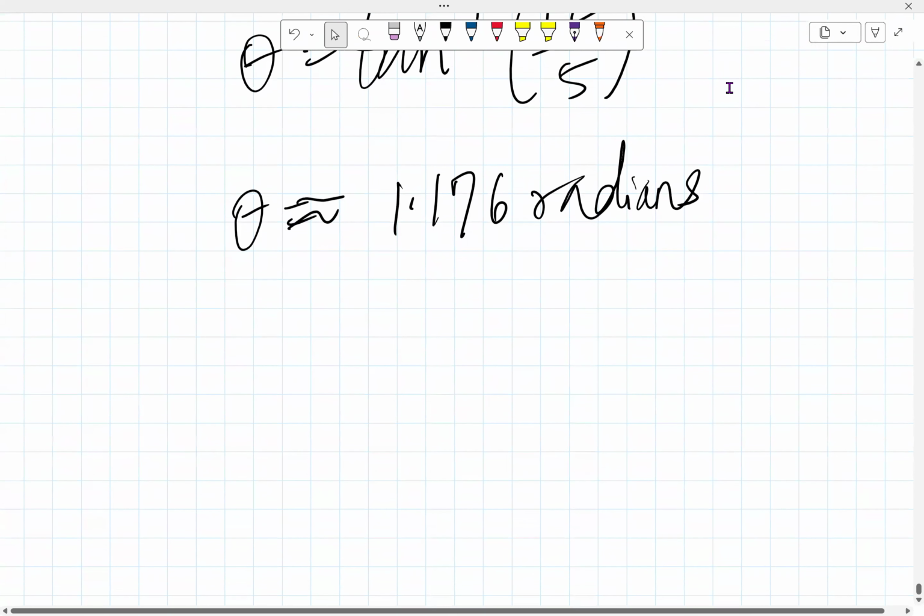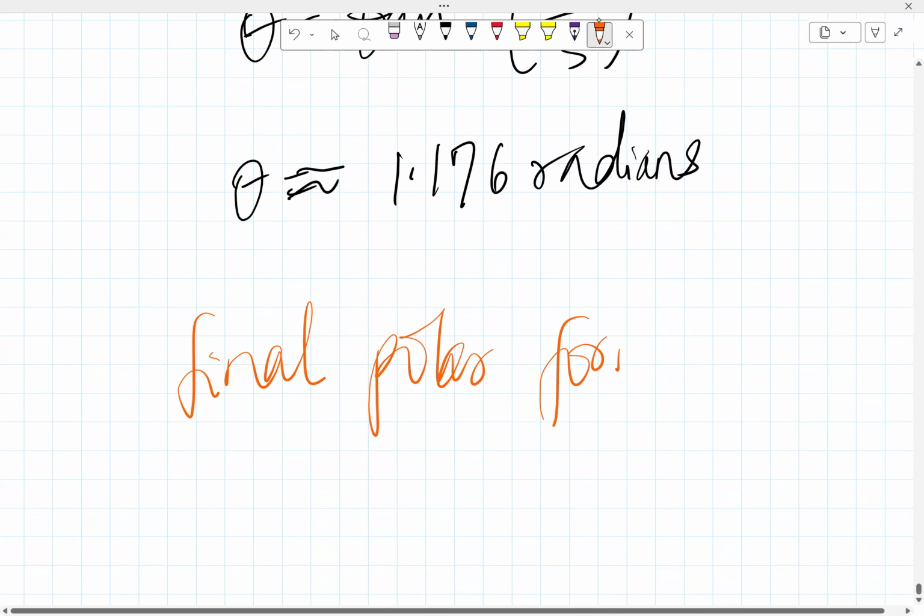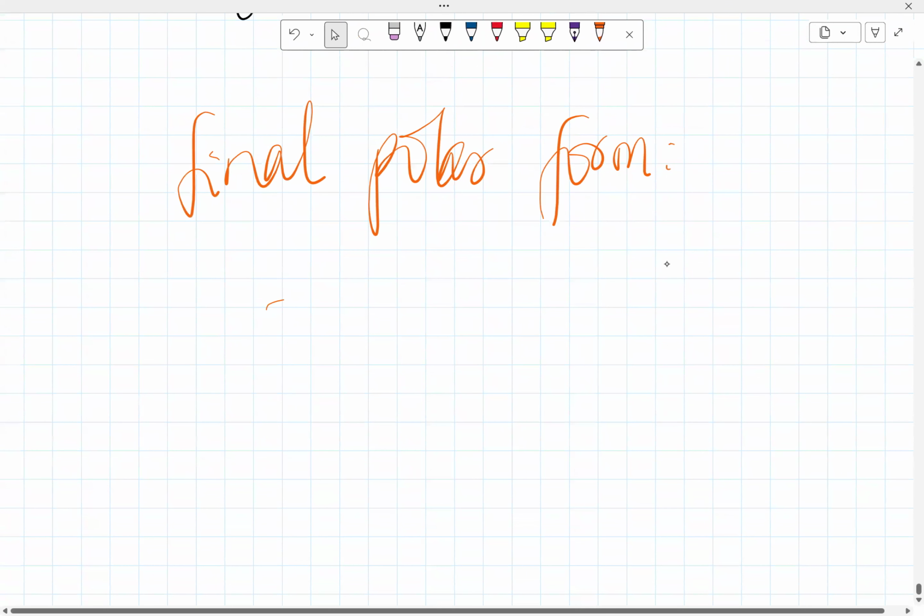So now that we have r and theta, everything is ready. The final polar form, as we know it, is z equals r e raised to power i theta.